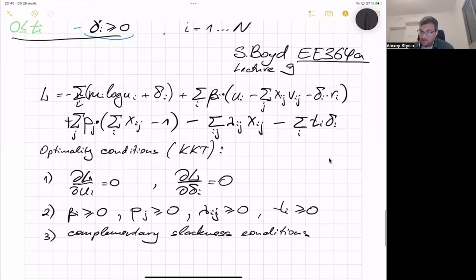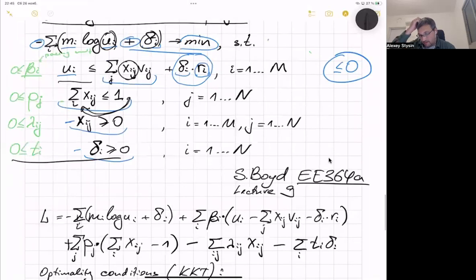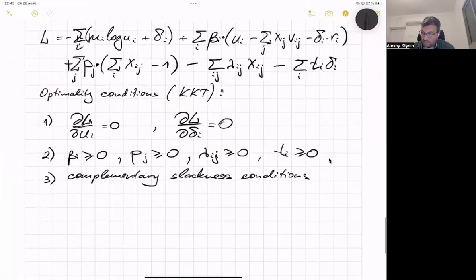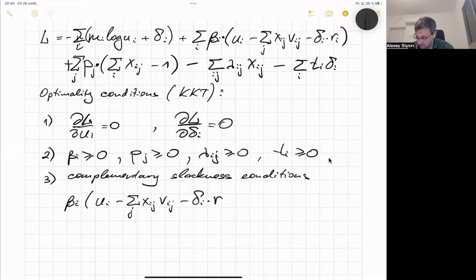What are those? Those are basically saying that we should multiply the Lagrange multiplier by the value of the constraint, which is less than 0, and this should be 0. So it's basically saying that beta I times (ui minus sum over j of xij vij minus delta I ri) should be equal to 0. So it's either this one equals to 0 or this one.